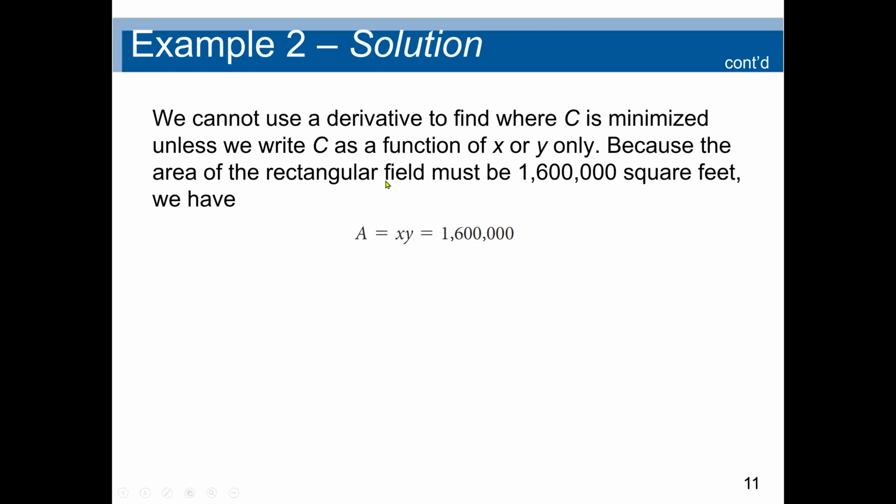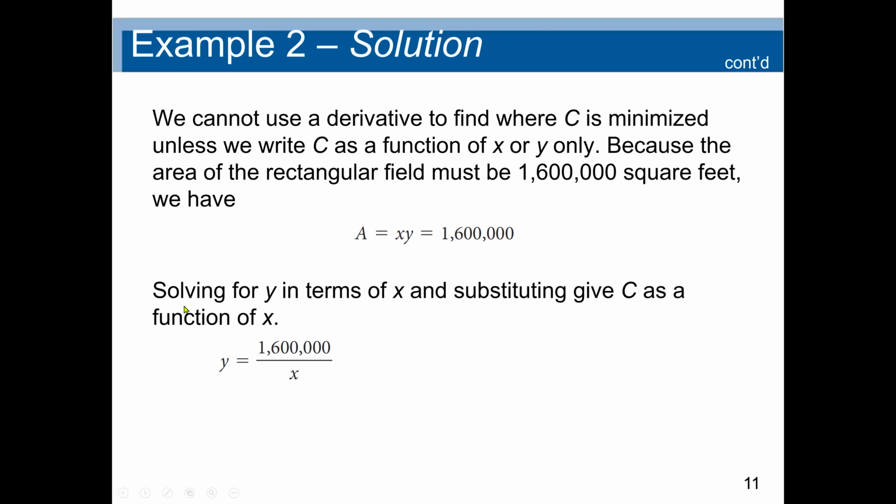So we cannot use the derivative to find where C is minimized unless we write C as a function of x or as a function of y. Because the area of the rectangular field must be 1.6 million square feet, the area will be x times y, which is 1.6 million.